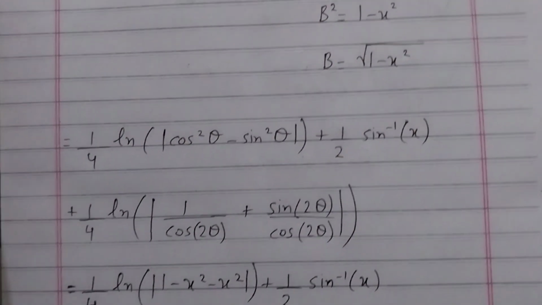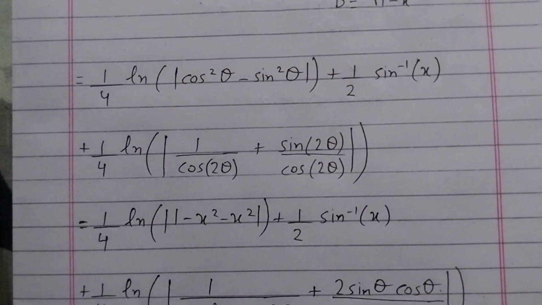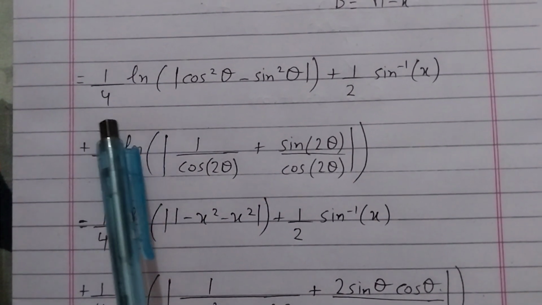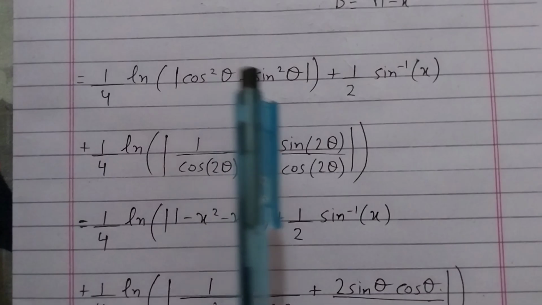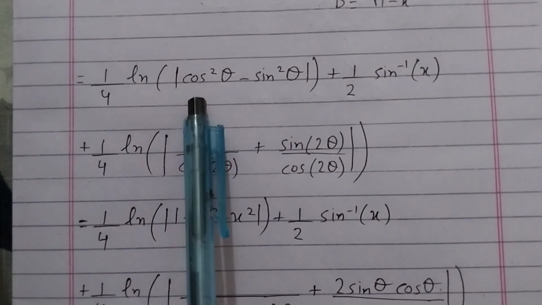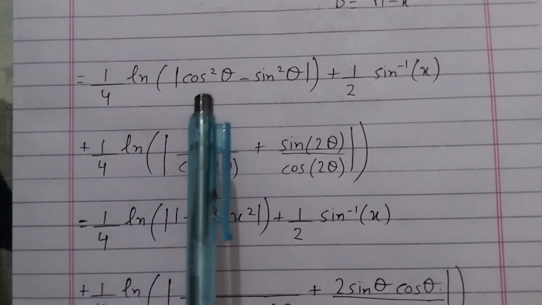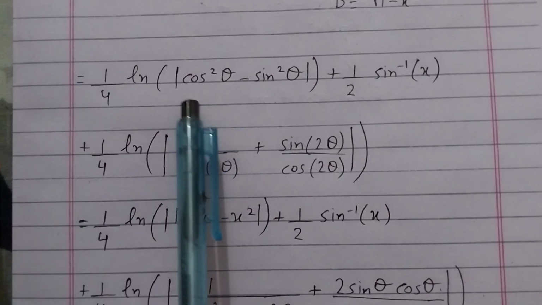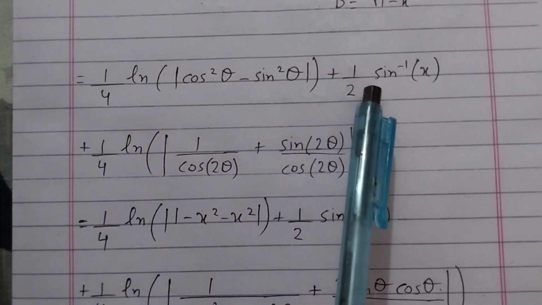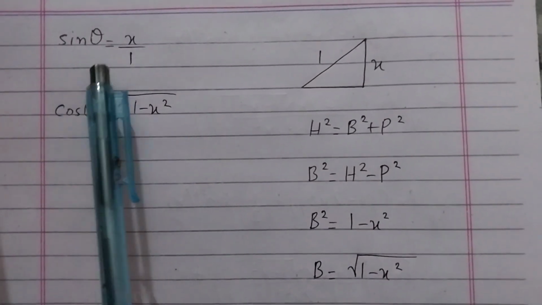So now we will use these values in finding the final value of our integral. So 1 over 4 natural log of, here we had cos 2 theta, and cos 2 theta has basically a formula cos squared theta minus sine squared theta. I'm writing cos 2 theta in this form because we have the values of cos theta and sine theta, plus 1 over 2, here we had theta, because sine theta is equal to x.